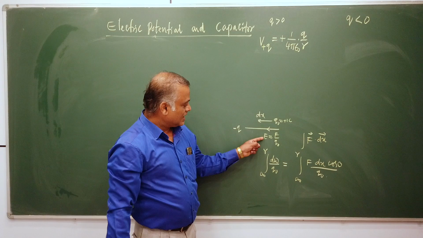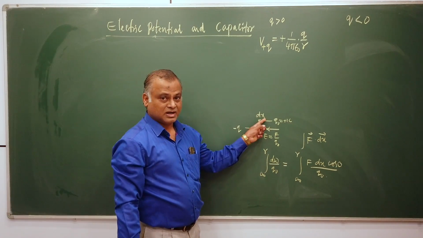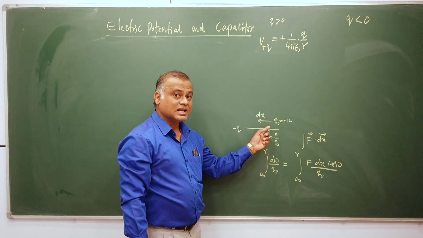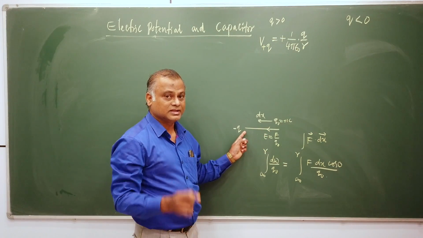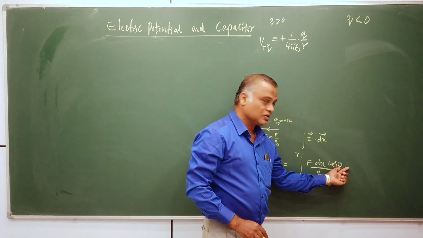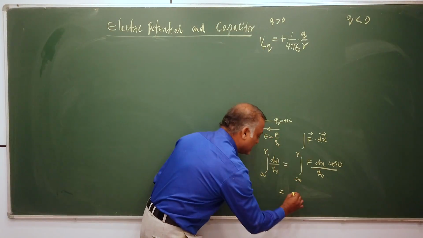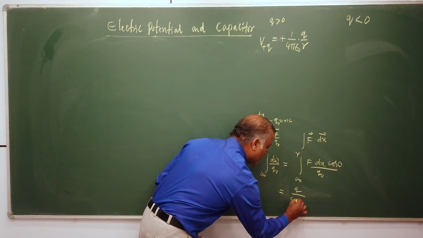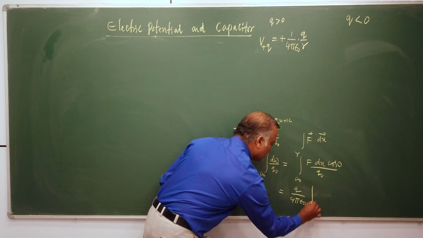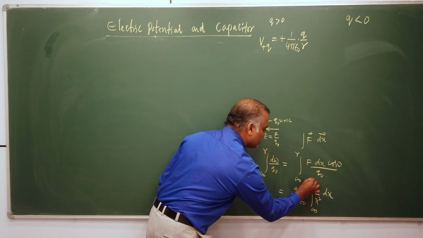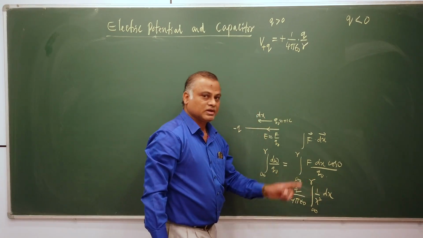Because a charged particle is carried along the direction of the field. Theta becomes 0, cos 0 is 1, F by q naught is E. So as we studied, q divided by 4 pi epsilon naught, I just write this step, dx from infinity to r. Now what is the integration of 1 by x square?